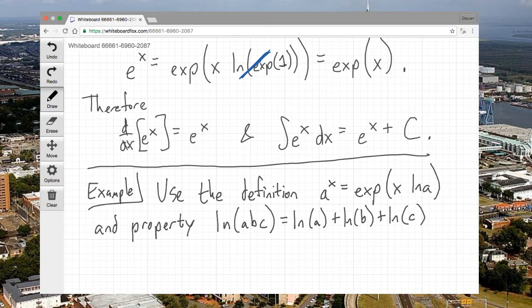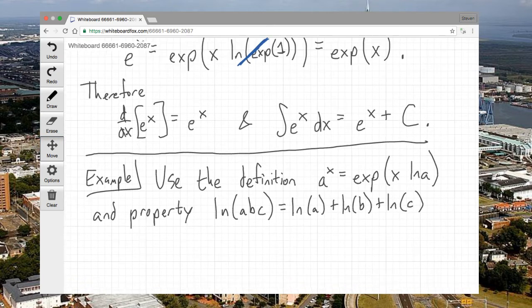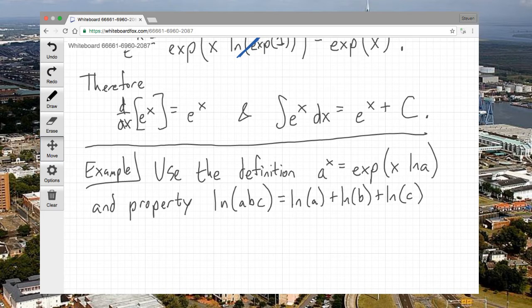That's a property I proved in an earlier video for a and x, and it's not too hard to do it for 3 things as well. So I'm going to use that definition and that property.